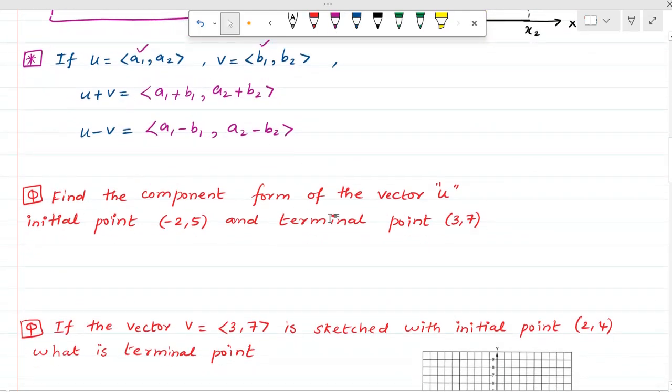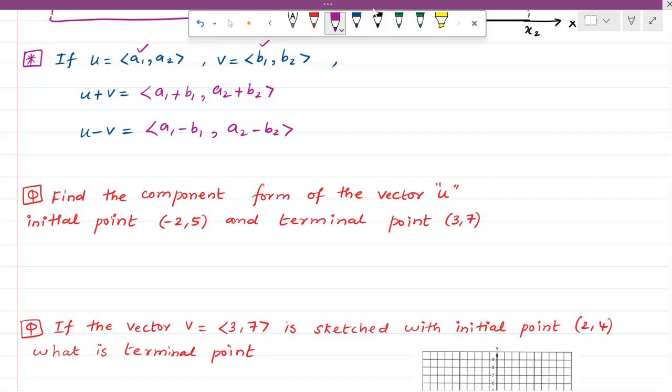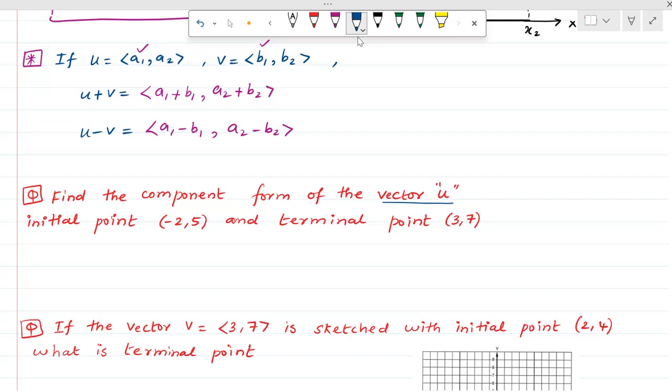So we will start the problems related to these formulas. In the first one, the initial and the terminal points are given, and I have to find the vector. The points are x1, y1, x2, y2. Just now we have seen that, to find the vector when 2 points are given, we use the distance formula: x2 minus x1, y2 minus y1.